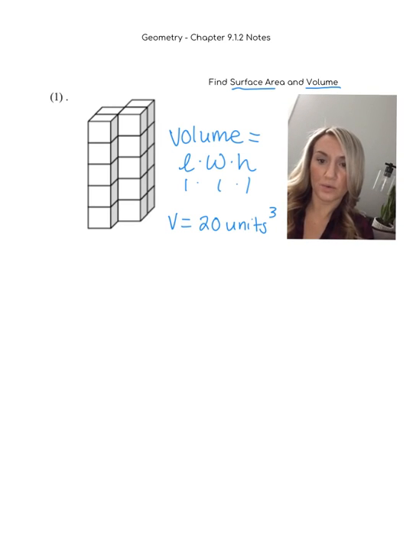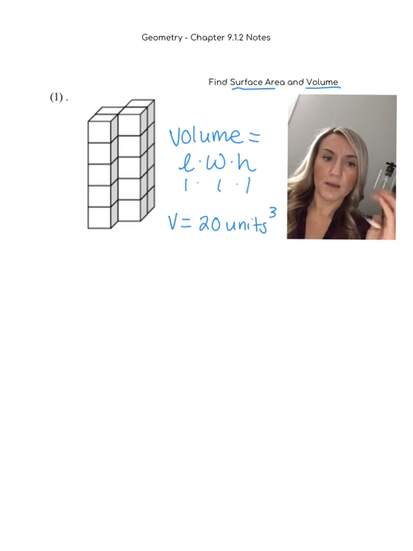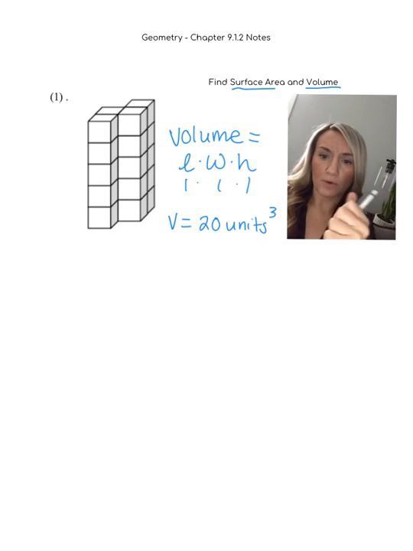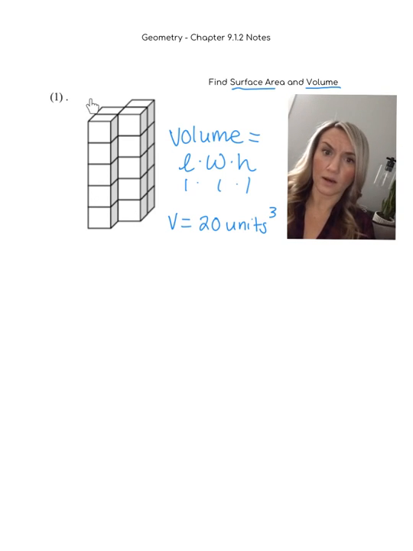All right, so next let's take a look at surface area. Surface area is a little bit different because it's everything that you can touch. If you imagine grabbing this object and physically touching it all the way around, it's all of the faces, all of that area added up, even the top, the bottom, the sides, everything. To do that, we're going to start off by counting how many faces we have.